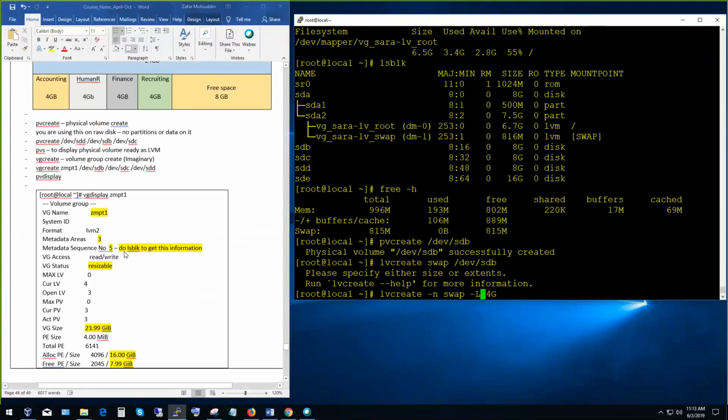Okay, I have to create the VG first. Volume group create, and then swap /dev/sdb.